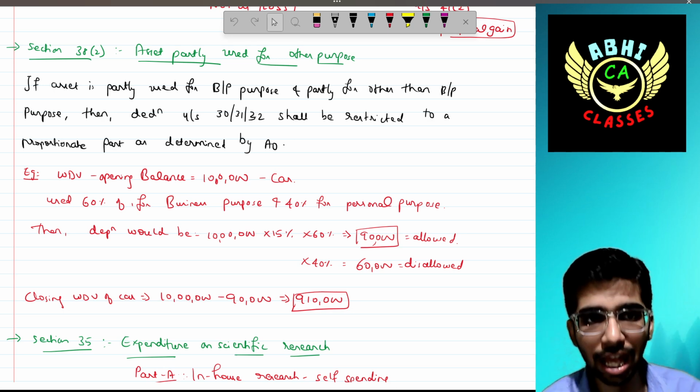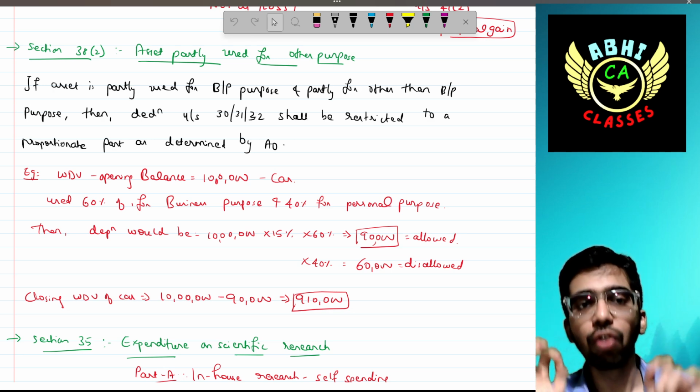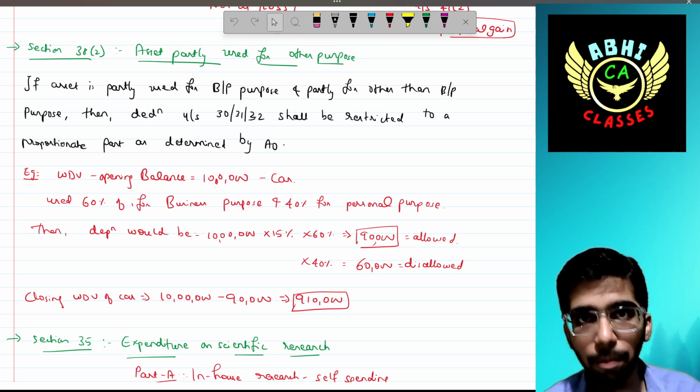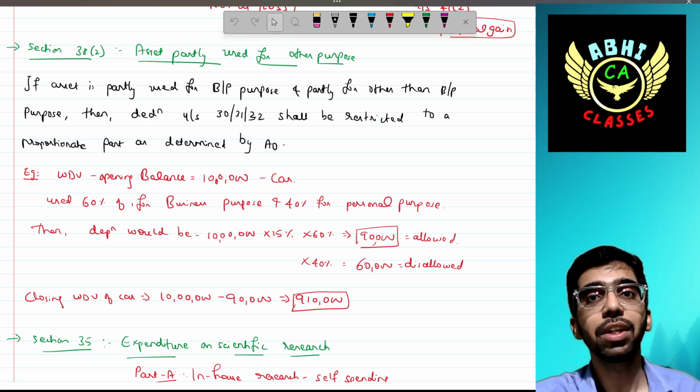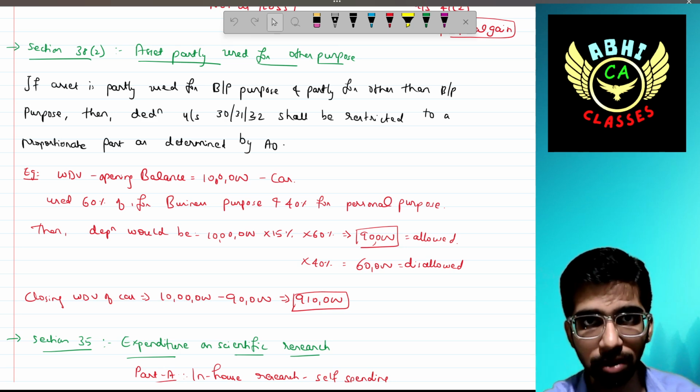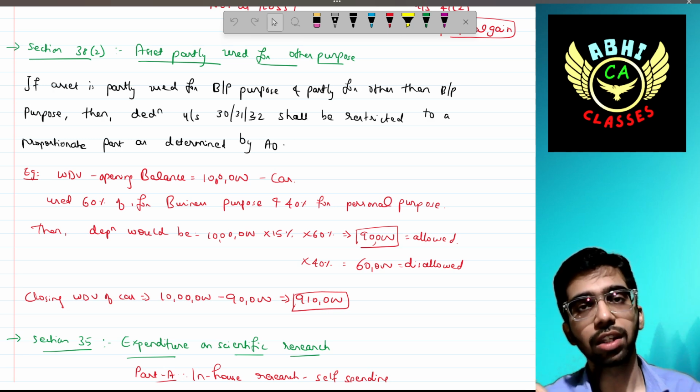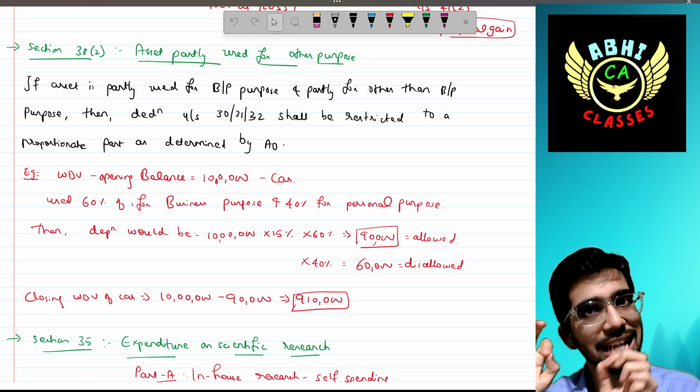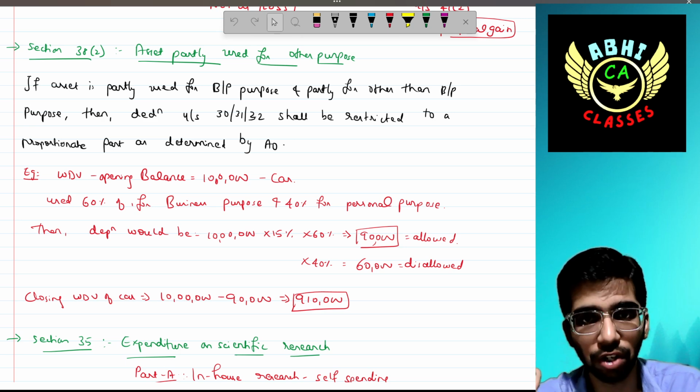So 10 lakh into 15% into 60%. 60% why? Because it has been used for business purpose only to the extent of 60%, right? So 10 lakh into 15% comes to 1,50,000, into 60% that's 90,000, is allowable as a deduction as depreciation.